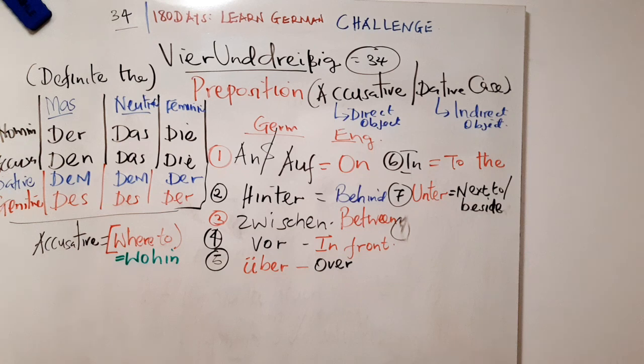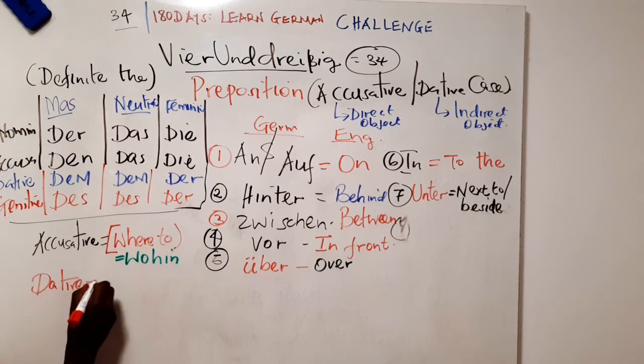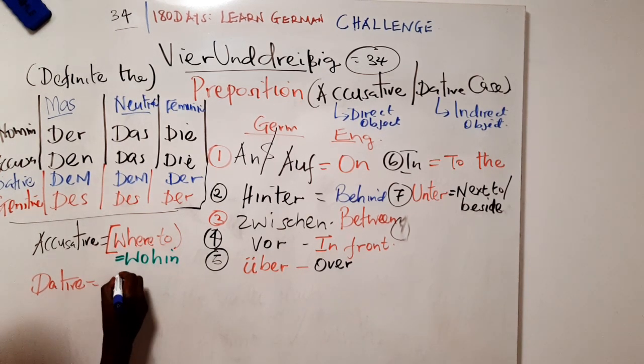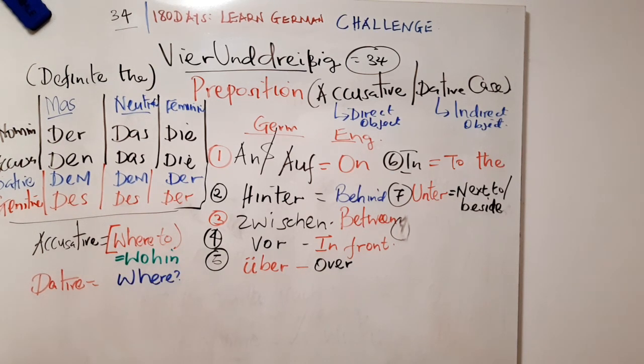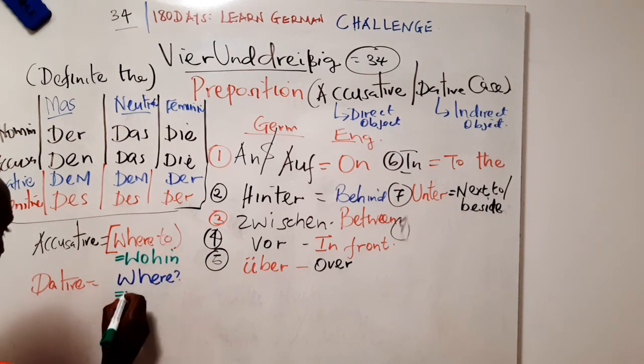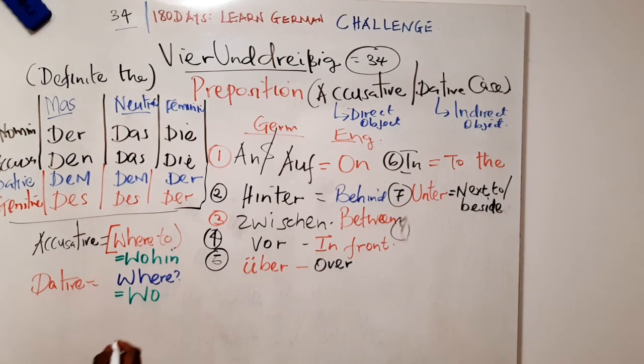And when it's dative, it's a question of where. In German, where is wo.